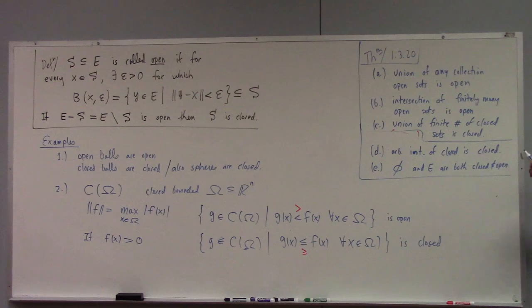And then you have the intersection of finitely many, the union of finitely many closed is closed, and the arbitrary intersection of closed is closed. So which one gets the arbitrary flips, whether you're going to use open or closed as your primary idea. Let me not teach topology in here, sorry.